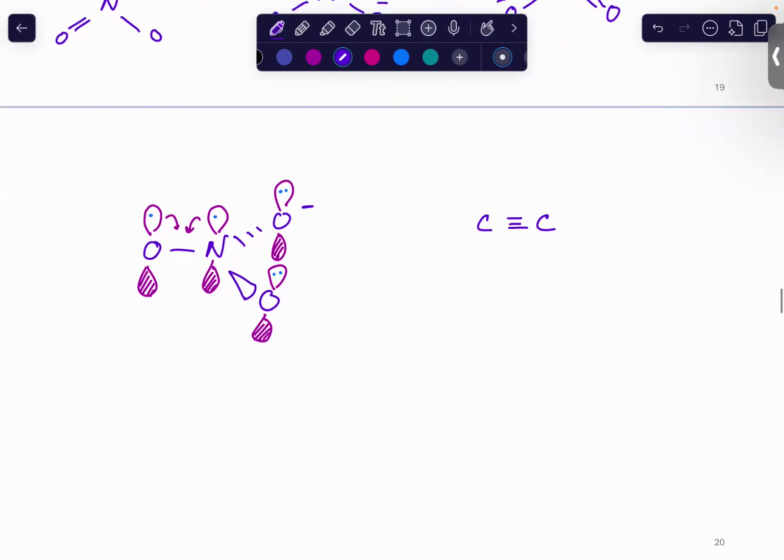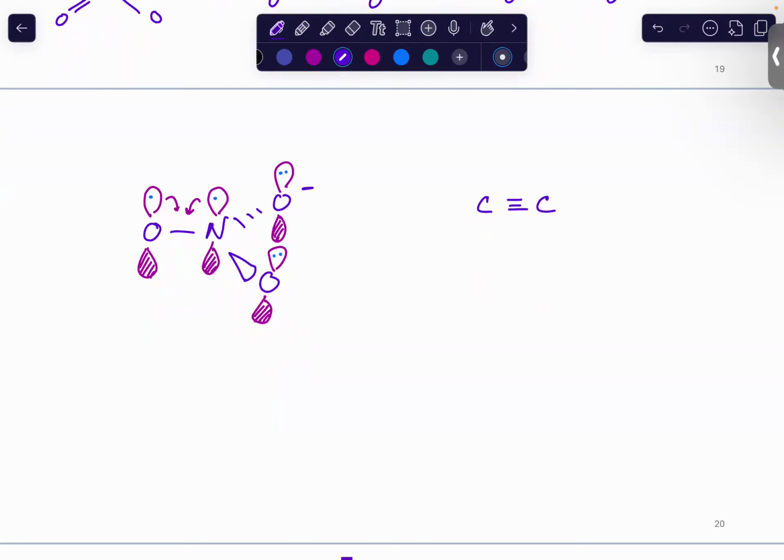So what happens is first your carbons are going to form a sigma bond right in the middle. But we know that there's two p orbitals left over.